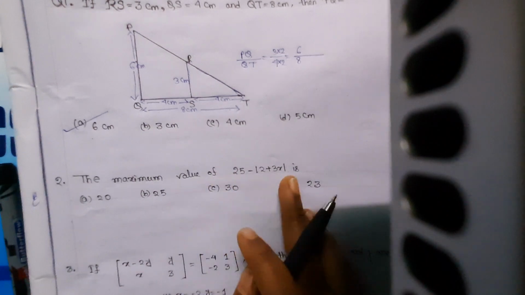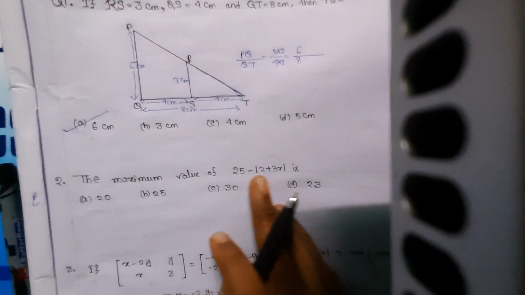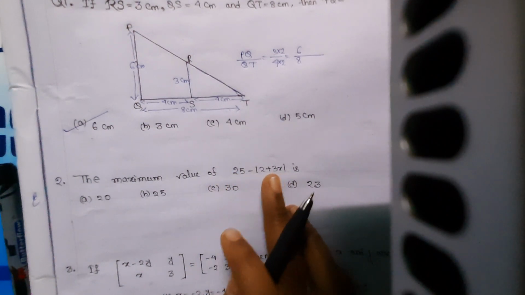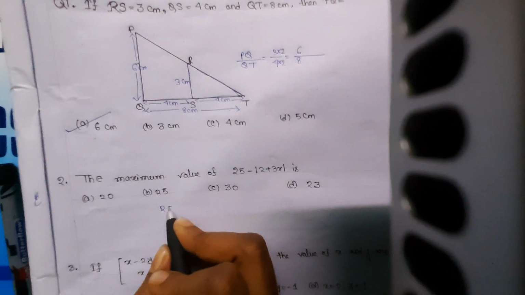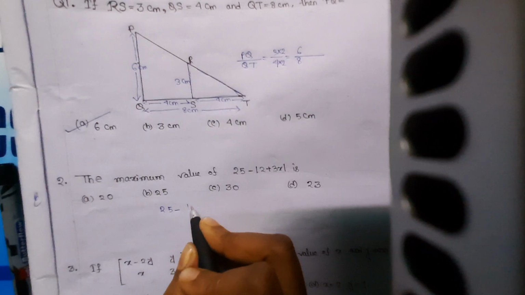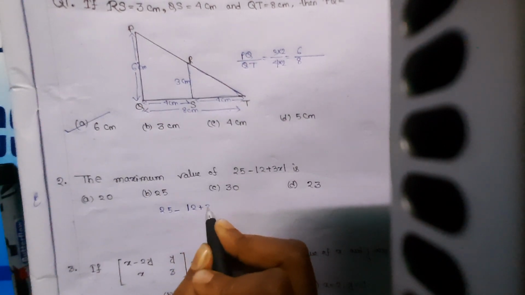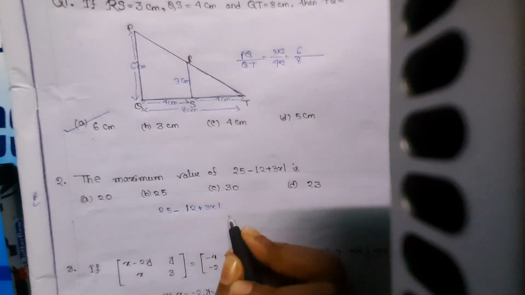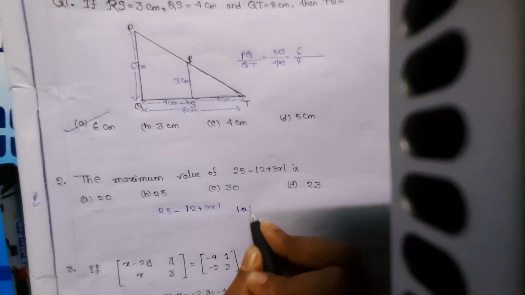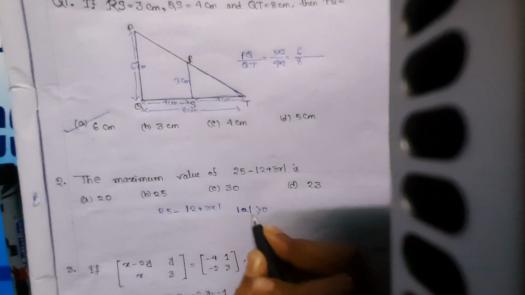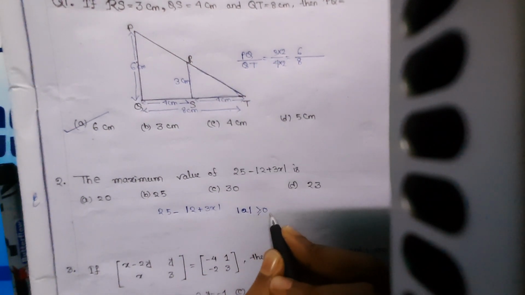Now the second problem: the maximum value of 25 minus modulus of 2 plus 3x. This question is coming from inequality, and this is an important question for your exam. You know that the modulus of anything, modulus A, is greater than or equal to 0 for any real number.